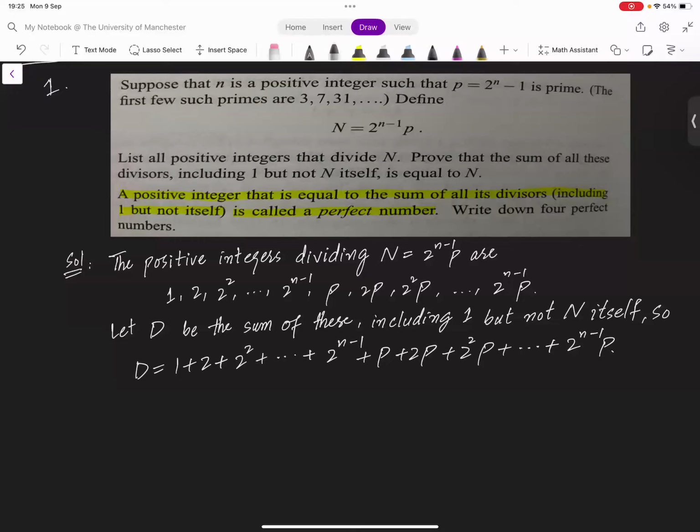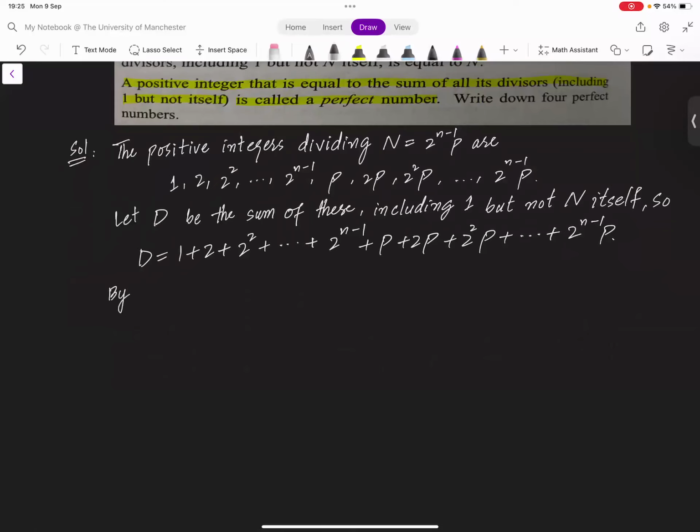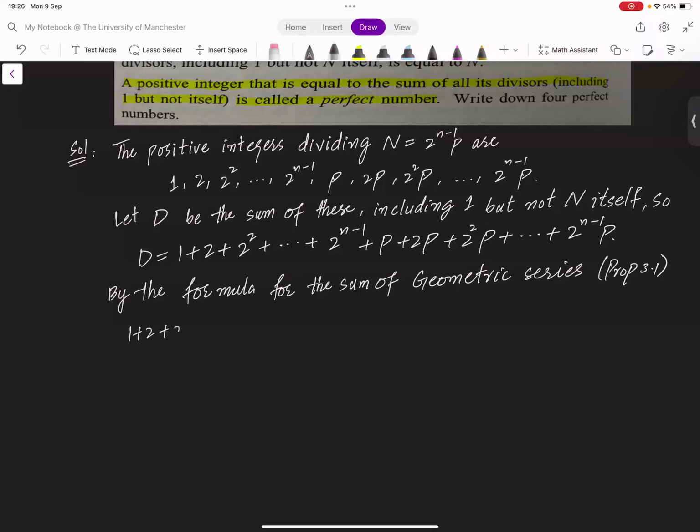Now by the formula for the sum of a geometric series, that is proposition 3.1 we have mentioned in chapter 3, we can write that 1 plus 2 plus 2 square up to 2 power n minus 1 can be written as 2 power n minus 1.